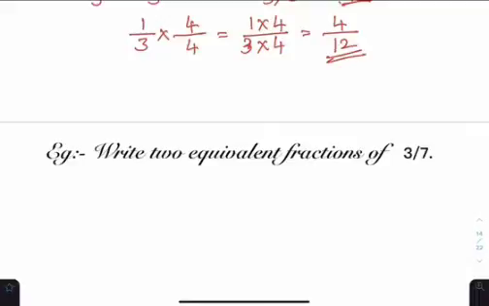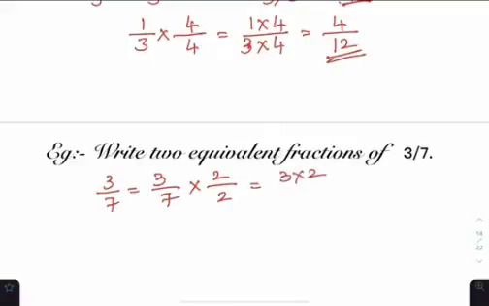To start off with 3 by 7, first I can multiply both numerator and denominator with 2, and the answer I get is 3 into 2 divided by 7 into 2. 3 into 2 is 6 divided by 7 into 2 is 14.